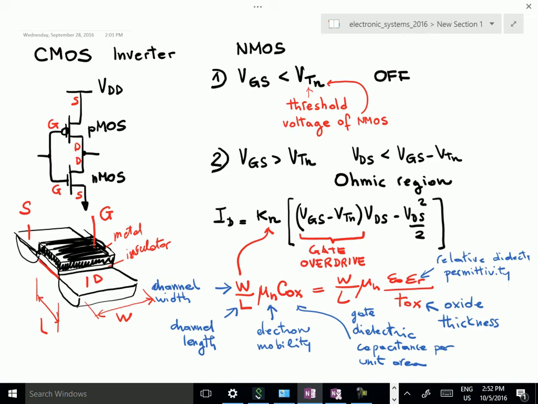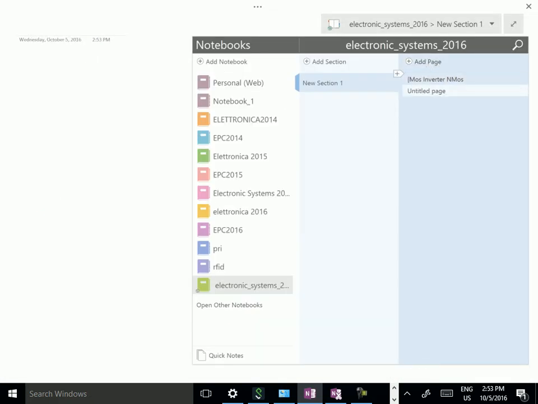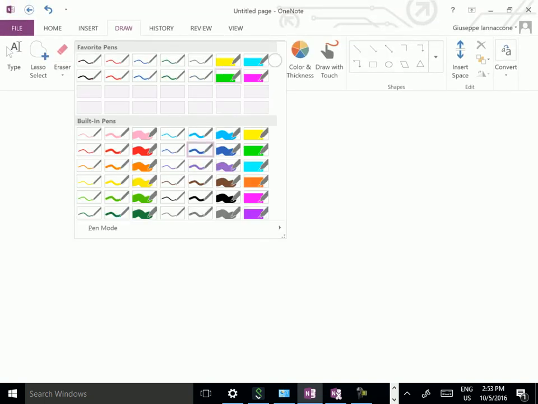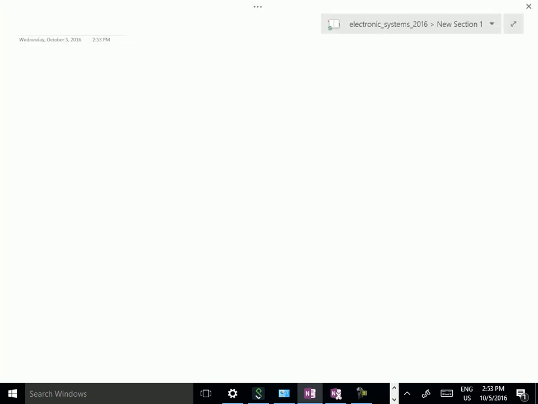In addition to these two regions of operation, we have a third region of operation. Let me just add another page. The third region of operation is the situation in which we have VGS larger than VTN and also VDS larger than VGS minus VTN.